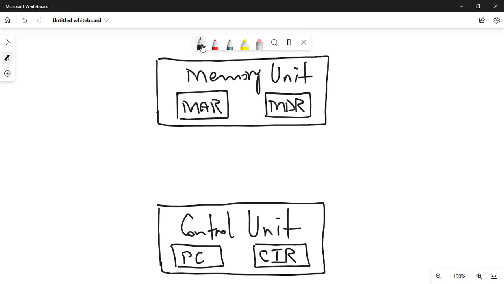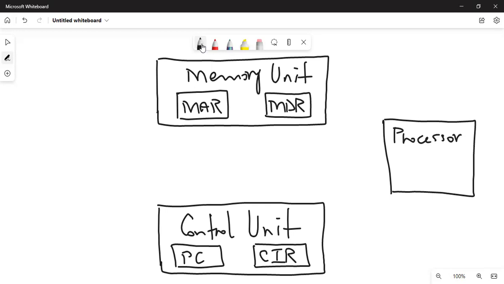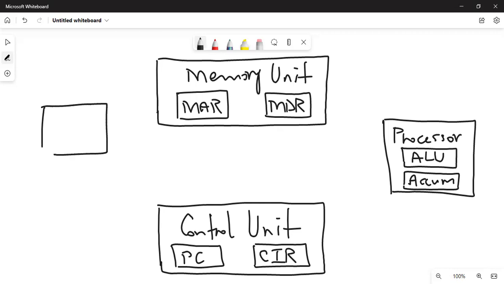Then let's say here I have my processor unit, having two registers, ALU and accumulator. And definitely input and output devices are also here. So let's say here I have my input devices, and here I have my output devices.